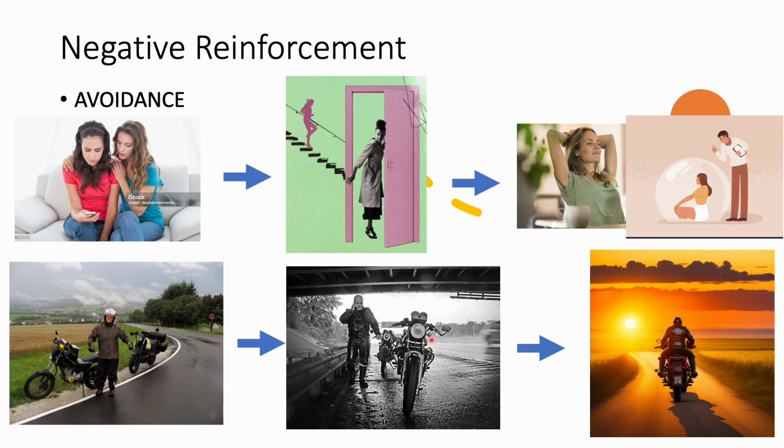Once the rain is gone, then you drive home peacefully. But the key here is that you never had to come into contact with getting rained on, because you have learned from your previous experience that hanging out under the overpass is going to help you avoid that stimulus, that aversive stimulus.